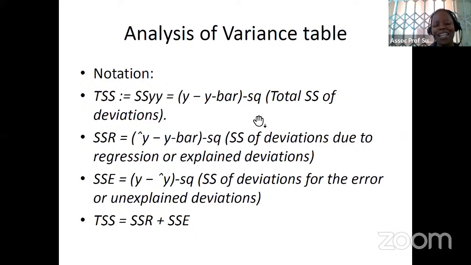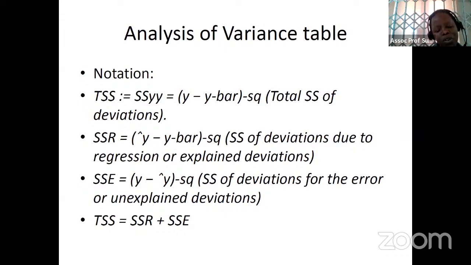Okay, so we'll look at the analysis of variance table in detail. Correlation, I believe you wanted to know the difference between correlation and regression. Correlation is a measure of linear association between the response and the independent variable, and it only shows the direction and magnitude.